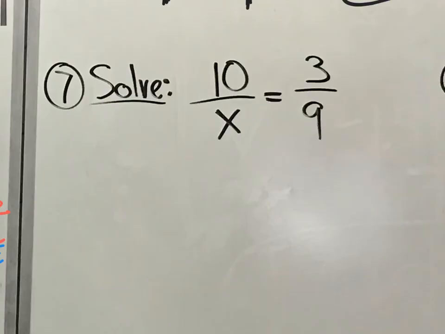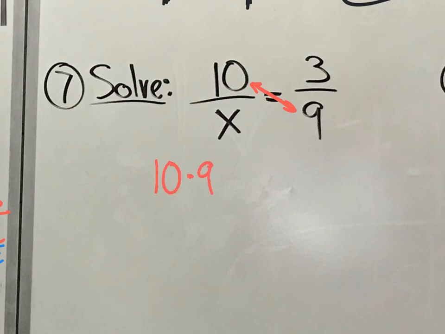Number 7, we have what we call a proportion. One fraction equaling another fraction. And what do we do when we have proportions? You guys remember from the video? Cross multiply. So we're going to cross multiply. Let's set it up. The way it works is 10 times 9 or 9 times 10, whatever you want to write. I'm going to go 10 times 9.